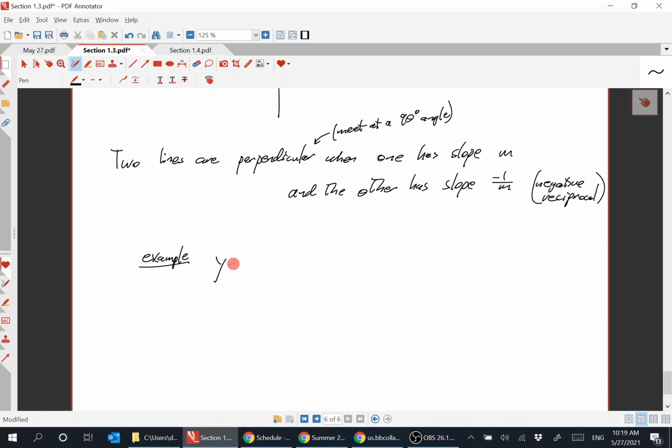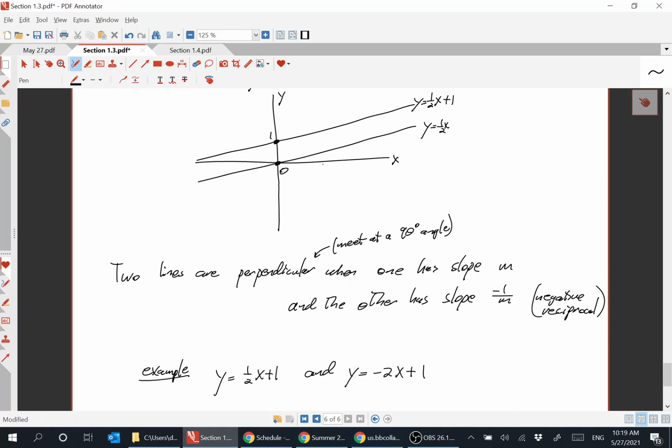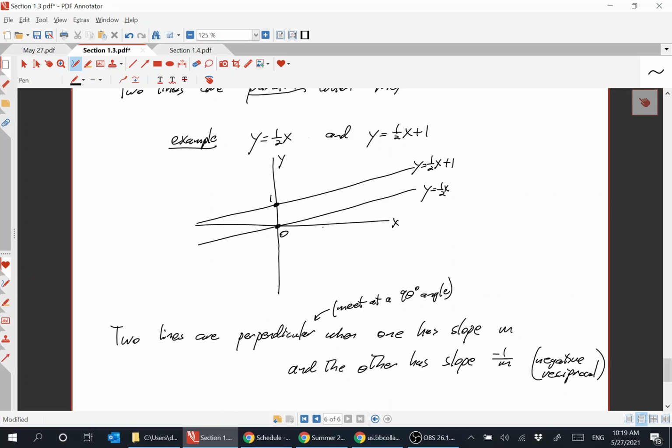So, for example, y equals 1/2 x plus 1, and y equals minus 2x plus 1. In that case, I've got the line here, and the perpendicular line.